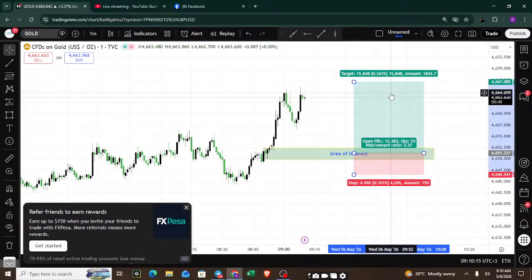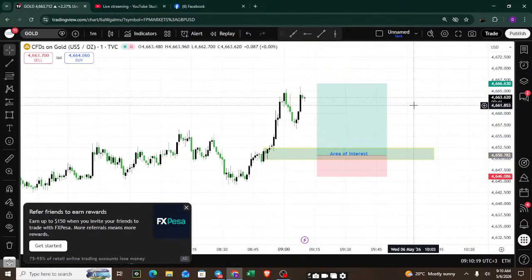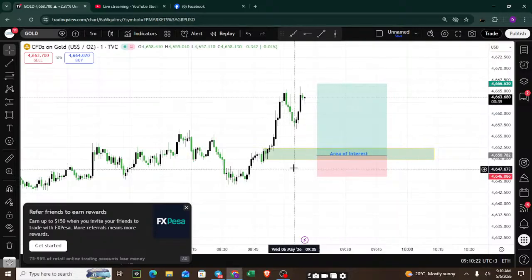So my anticipation is for gold to retrace back to this level and maybe get a buy. This is on the 1 minute time frame.